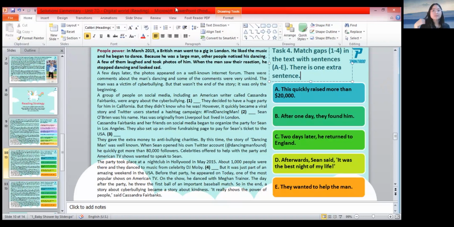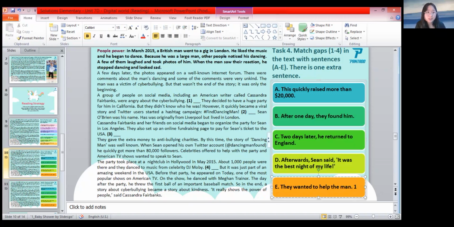Okay, so what do you think will be for the first gap? The first gap is E, right? Okay, so they wanted to have the man. We just write E for the first one first, and then we're going to find the correct answers.